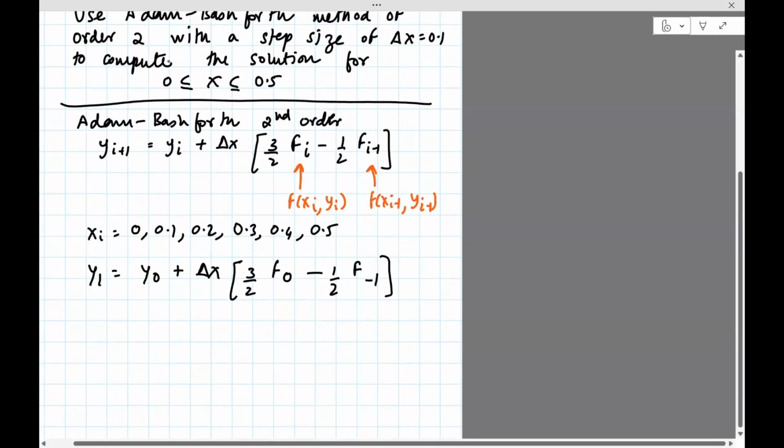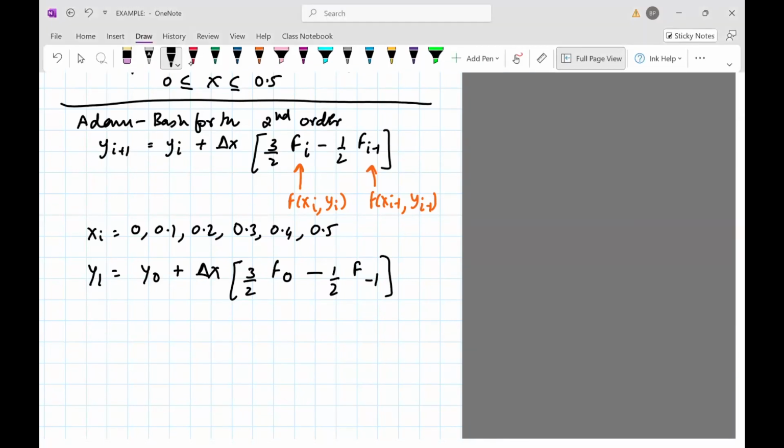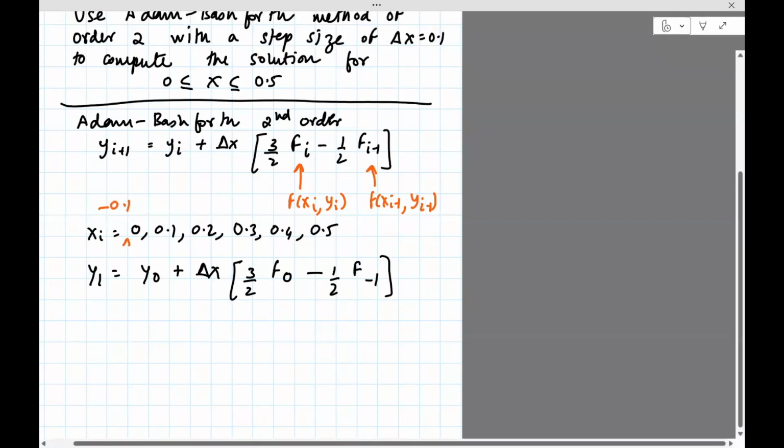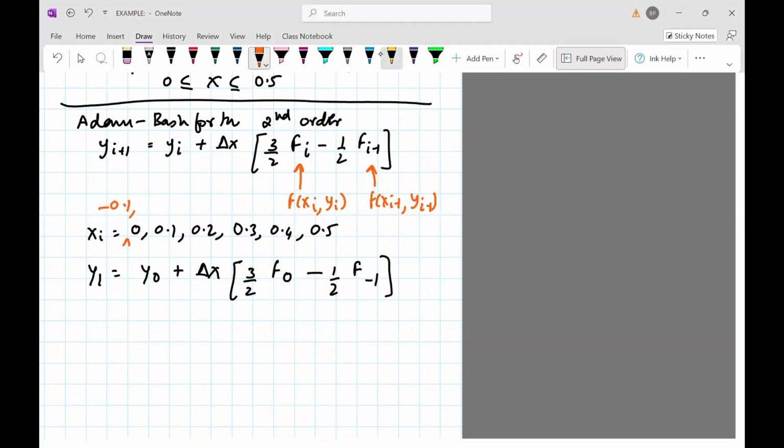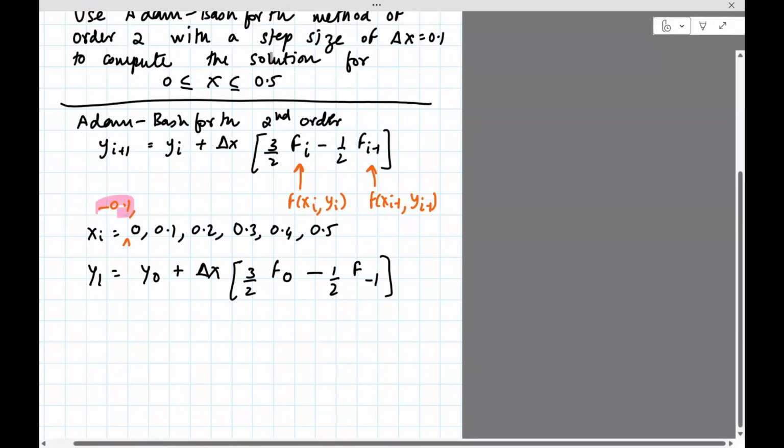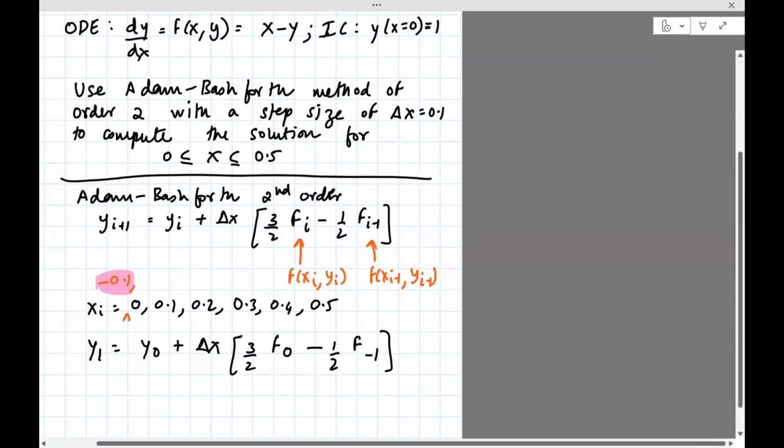Okay, so what is minus 1? It's basically the value of x at minus 1, or in this case, if you're looking at 0, the value which will come before this would be minus 0.1. So we want the value at minus 0.1. That value should go in the f. F is basically this.